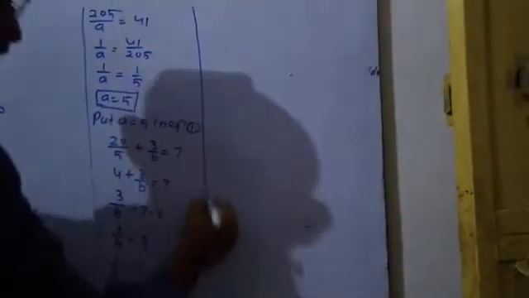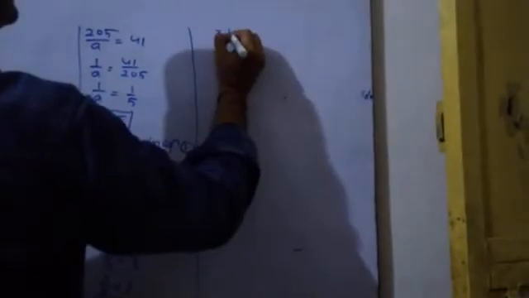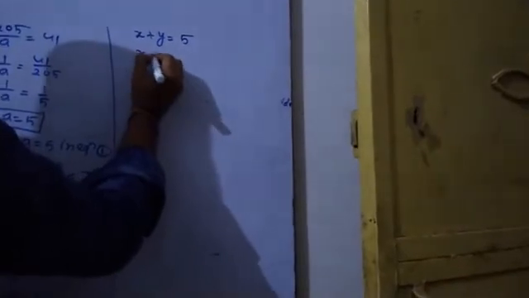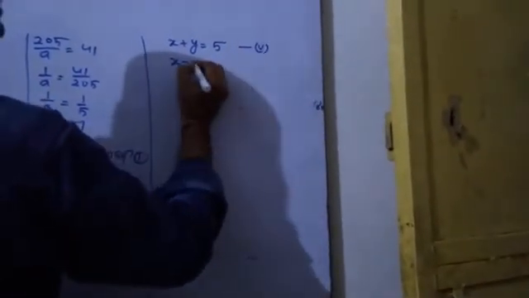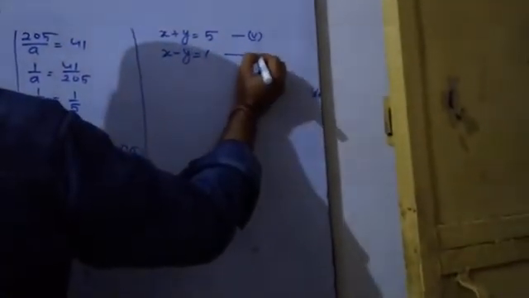Now x plus y, that is a, equal to 5, and x minus y, that is b, equal to 1.